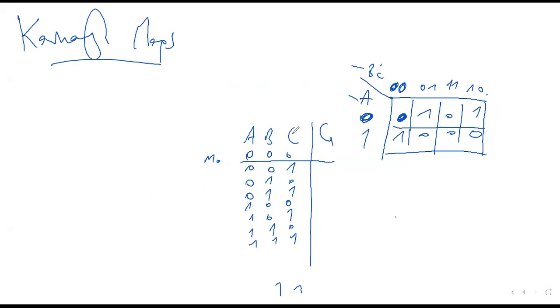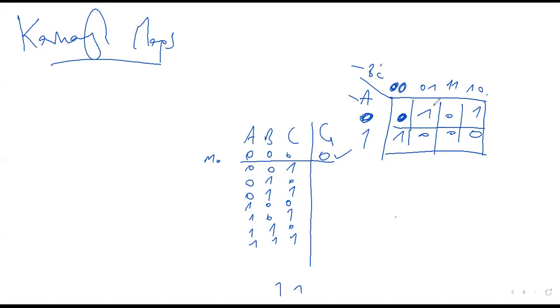For the min term M0, 0, 0, 0, the output is 0. Each row in the truth table is represented by one square in the Carnot map.